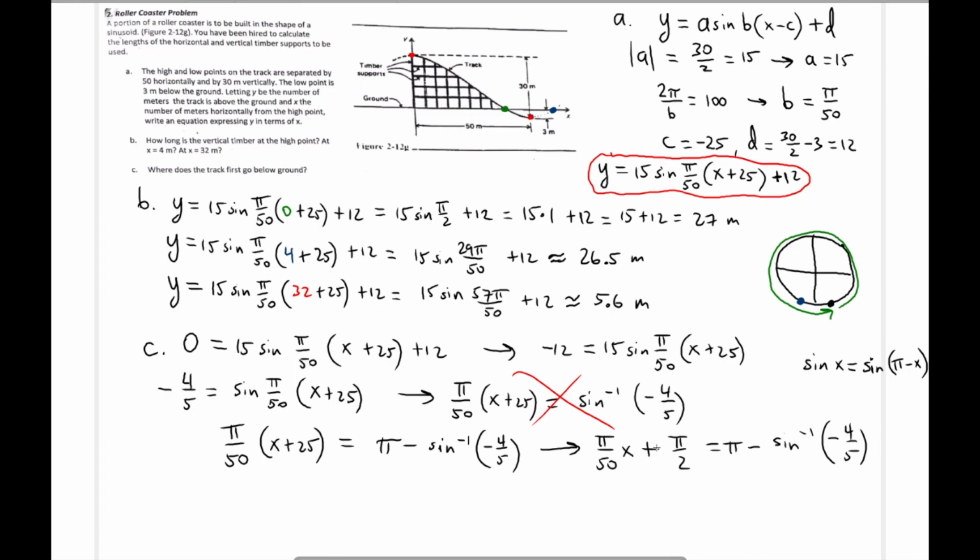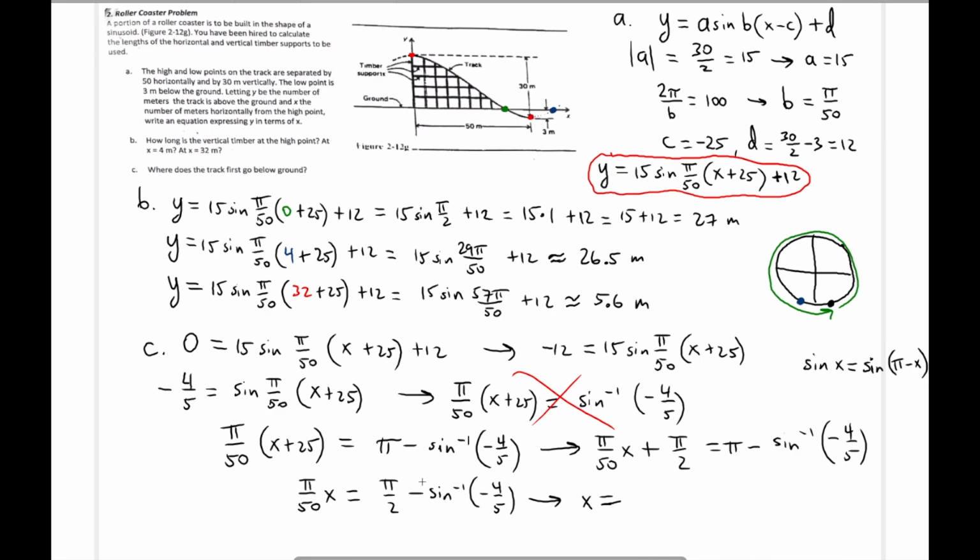So now you just have to subtract the pi, of course. So basically what you're going to have is pi minus pi over 2, so that's going to be pi over 2 minus the arcsine of negative 4/5.